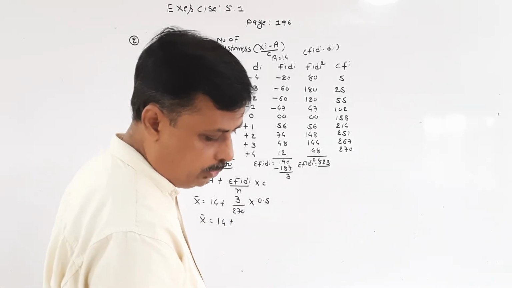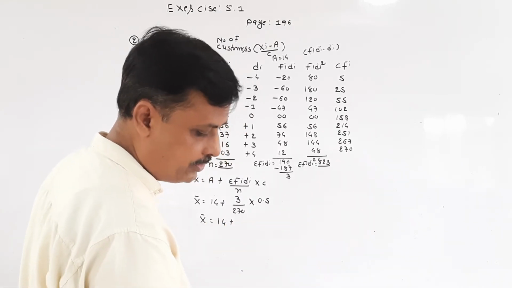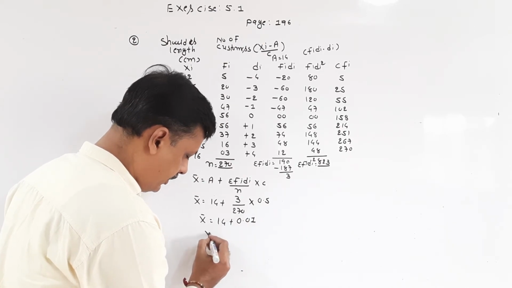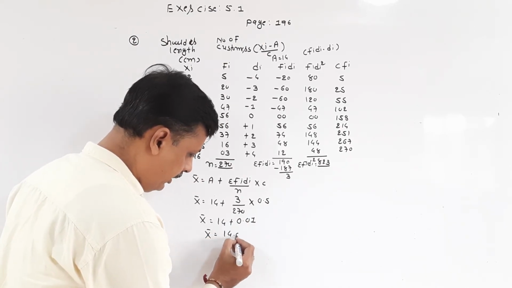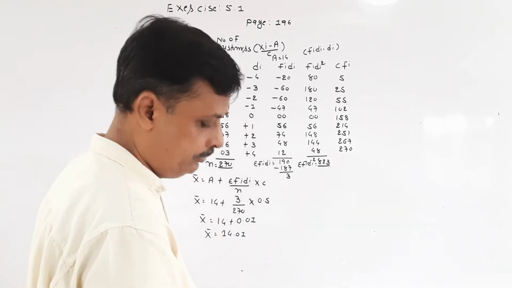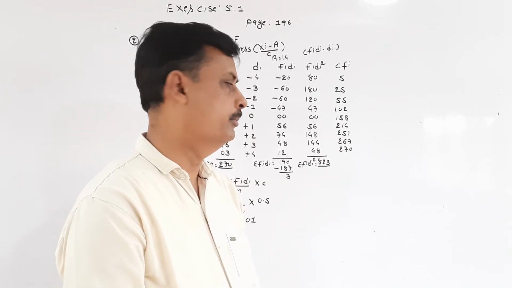So 3 into 0.5 divided by 270 is 0.01. So x bar is equal to 14.01. Now median is required.